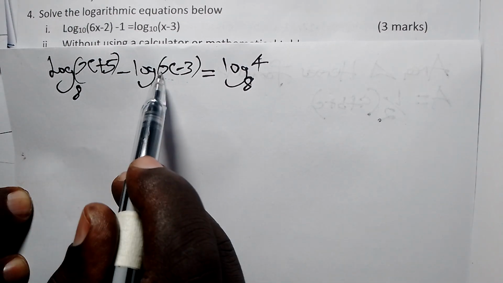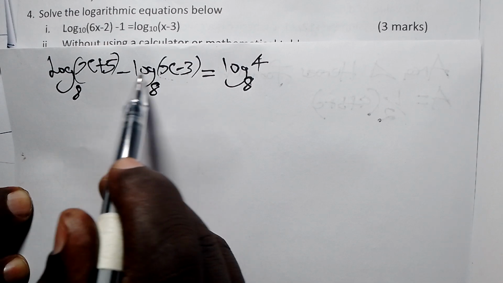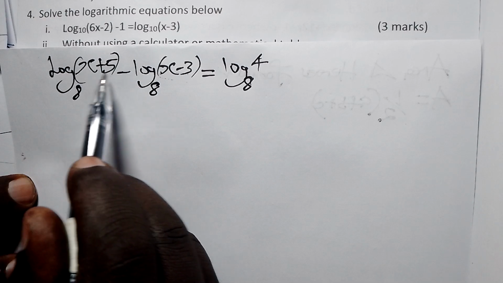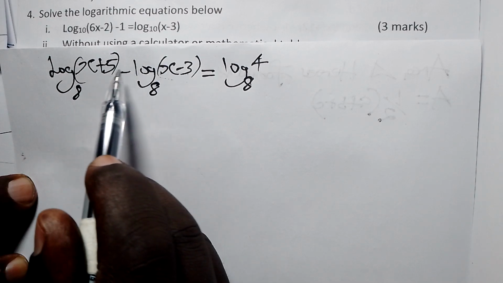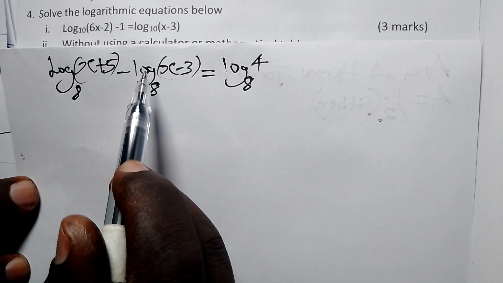So here, when we subtract logs, we rewrite it in the original form. We only subtract logs when we divide two numbers, a over b.